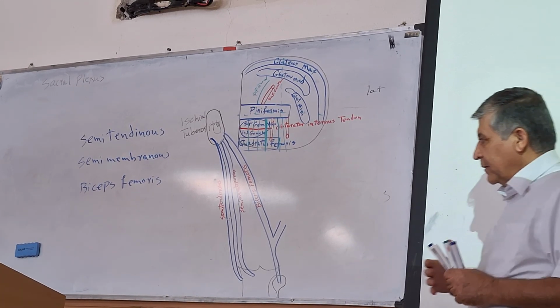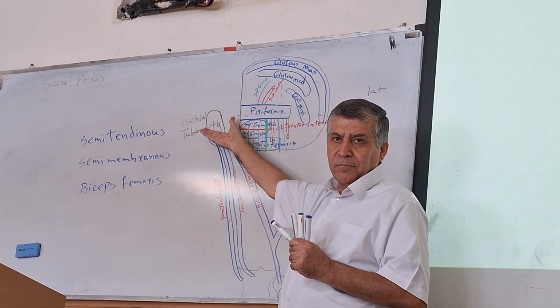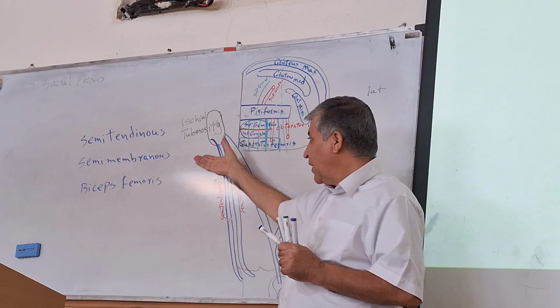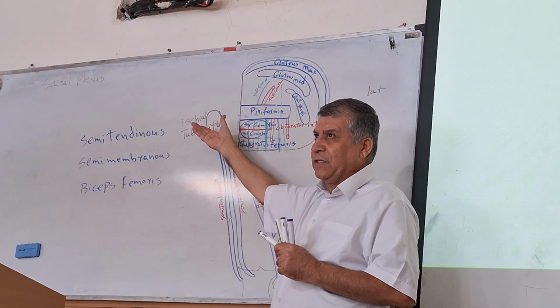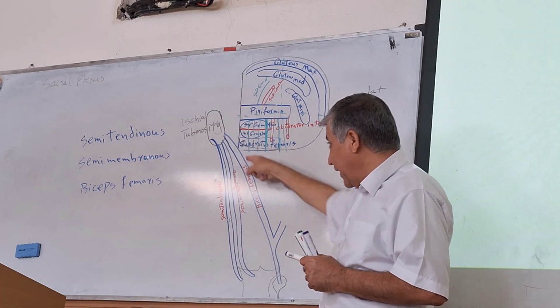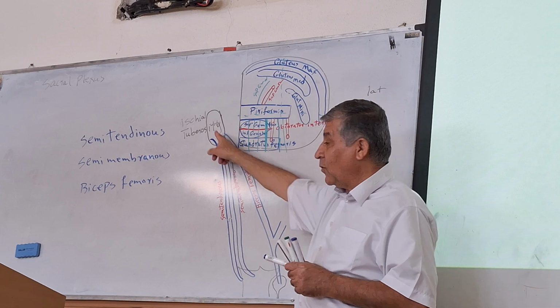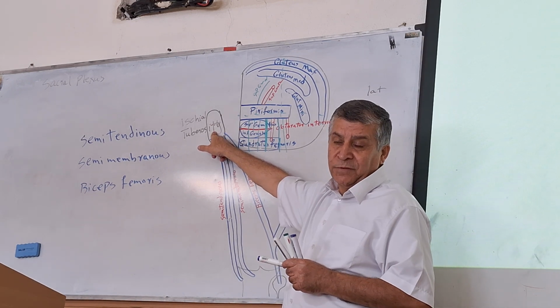All of them originate from the ischial tuberosity. Biceps femoris has a long head and a short head. The long head originates from the ischial tuberosity.